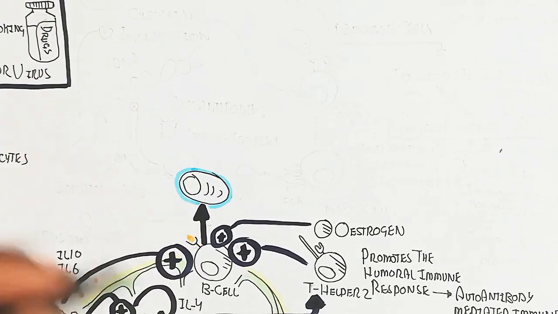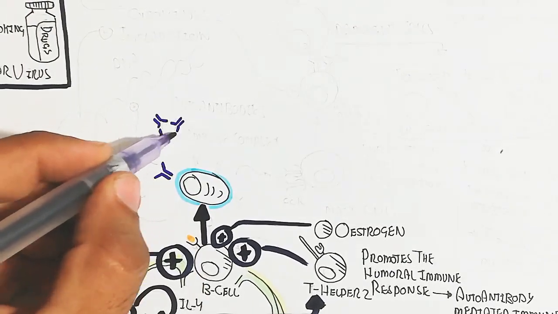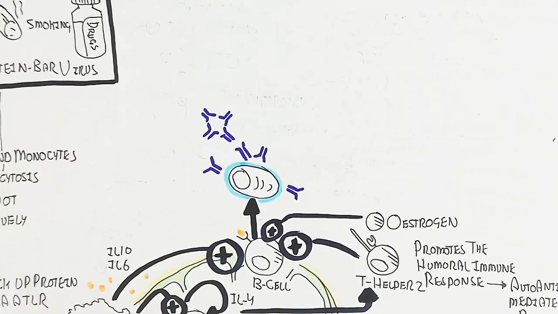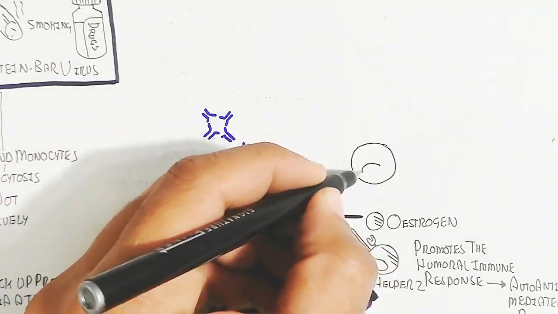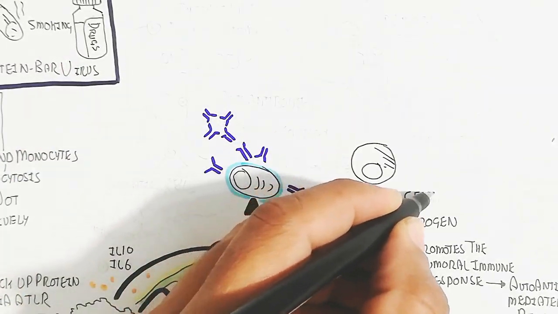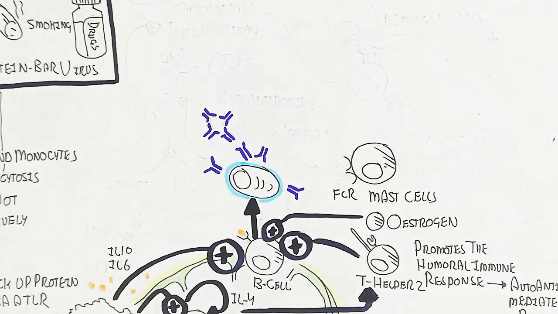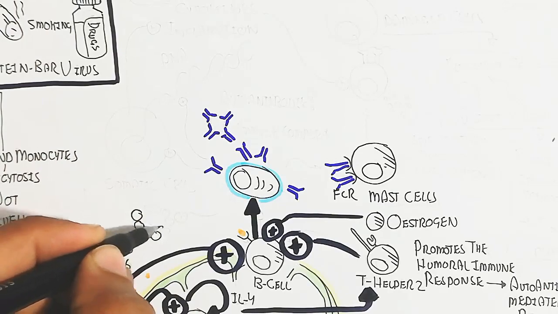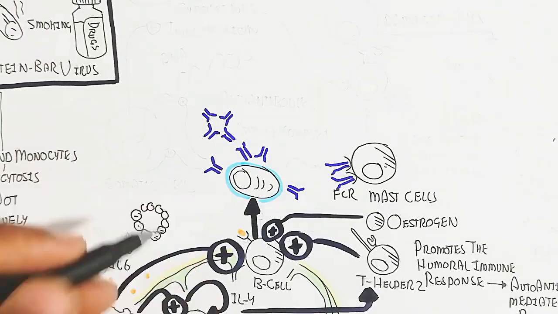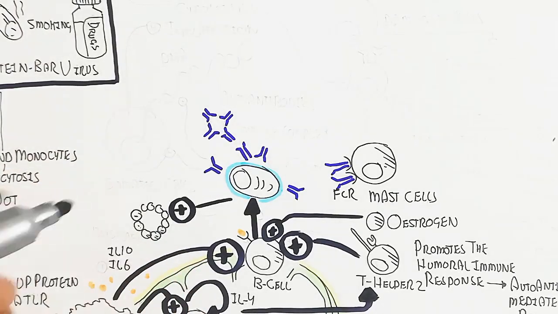Here you can see the plasma cell production after the naive B cell is activated to produce B memory cell as well as plasma cell to produce more immunoglobulin antibody. This antibody will bind with the Fc receptor of mast cell for allergic reaction.